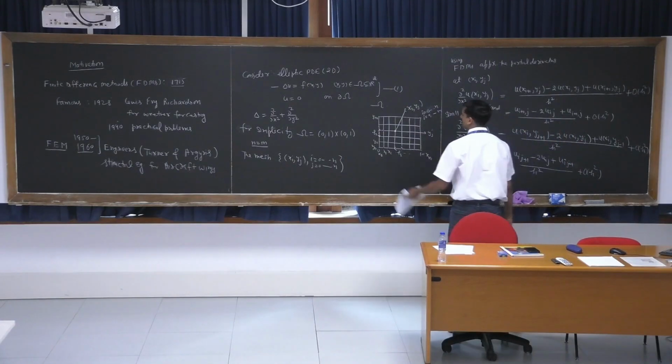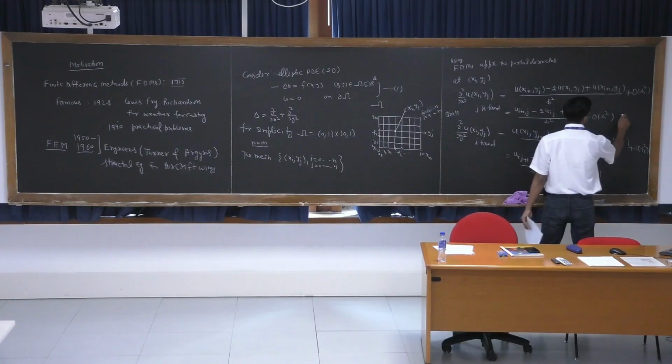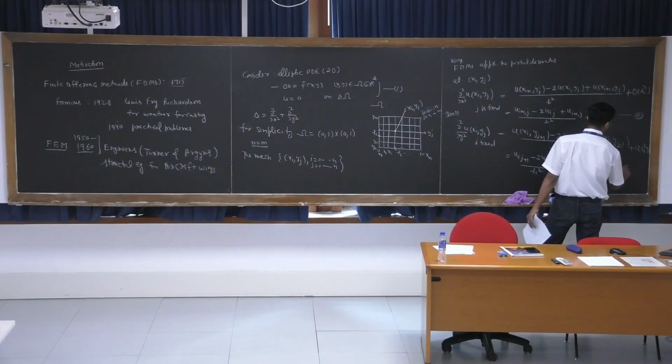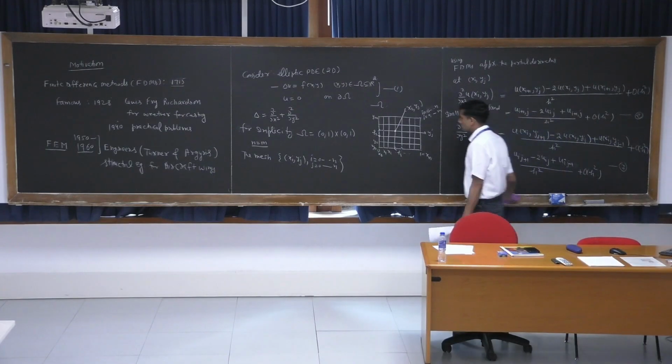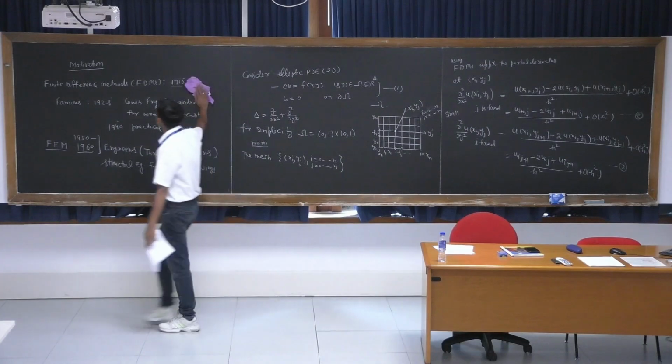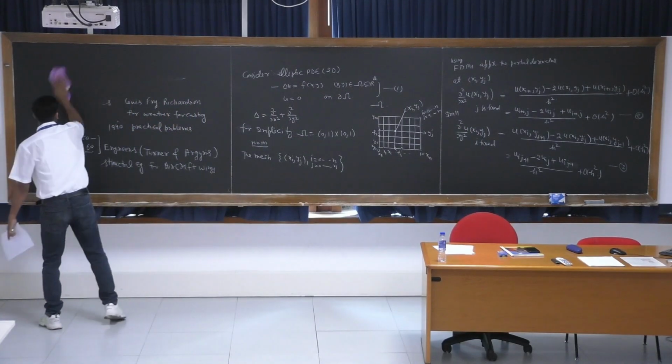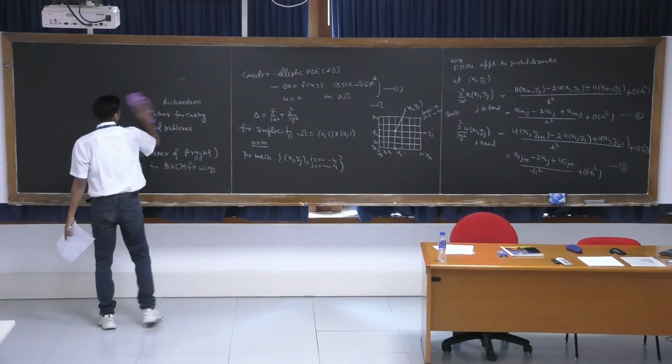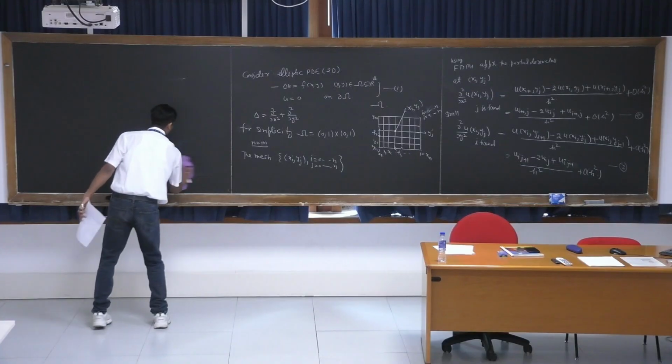Say this is 2 and this is 3. Now put 2 and 3 in 1.